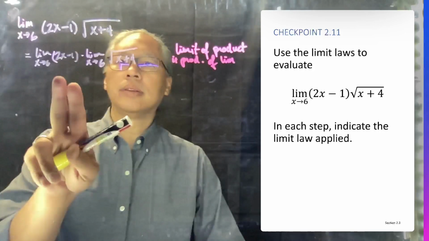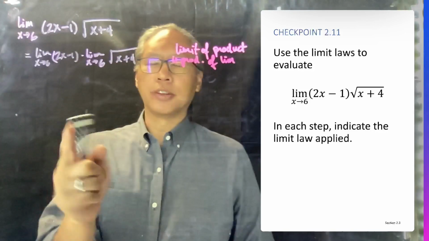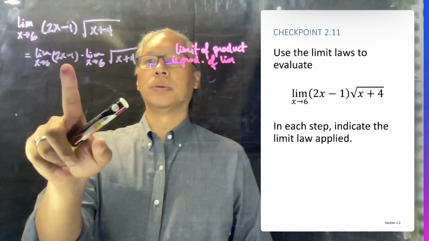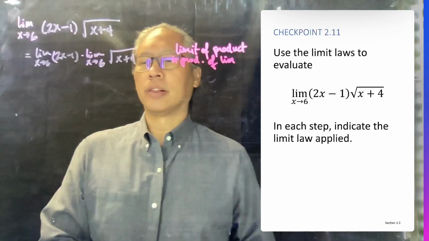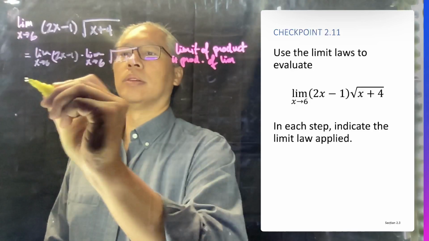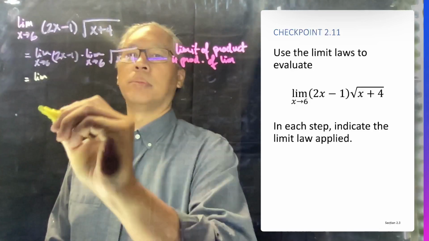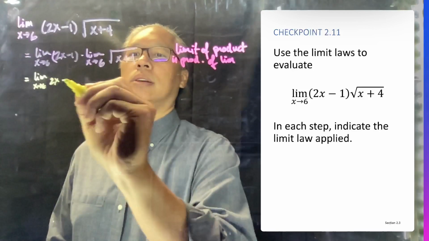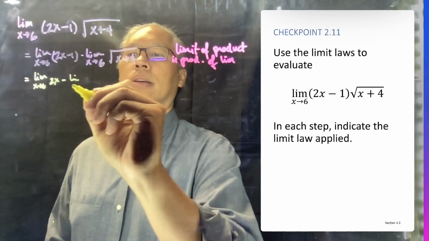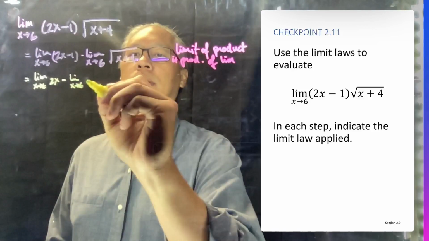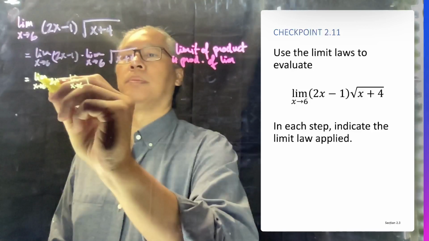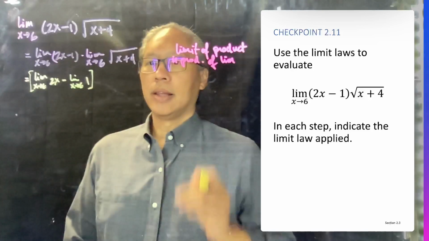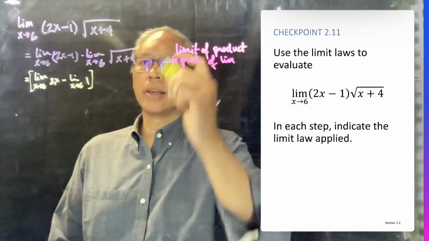Now for this one, the sum or difference, the limit of a sum or difference is equal to the sum or difference of the limits. So we'll take this step and say limit as x approaches 6 of 2x minus limit as x approaches 6 of 1. And so that's that first part. And then we'll take it step by step.